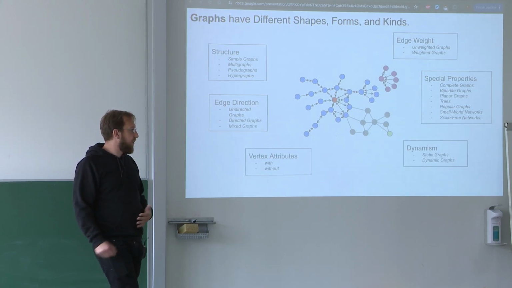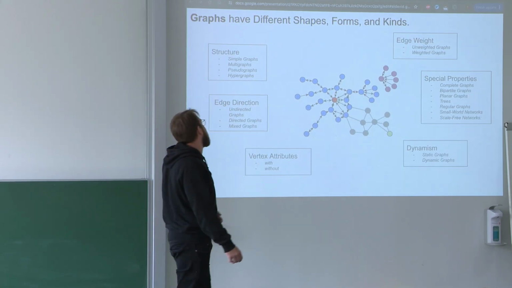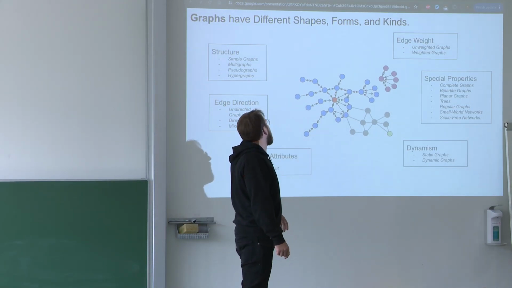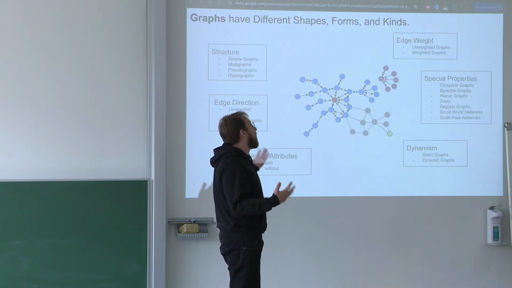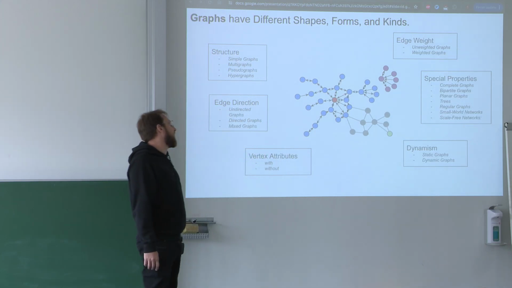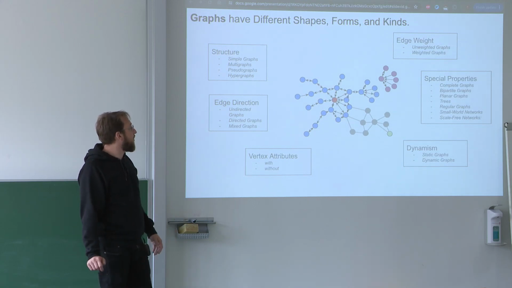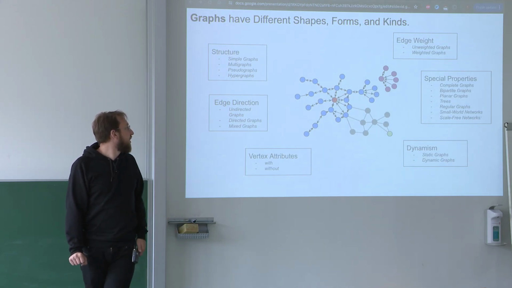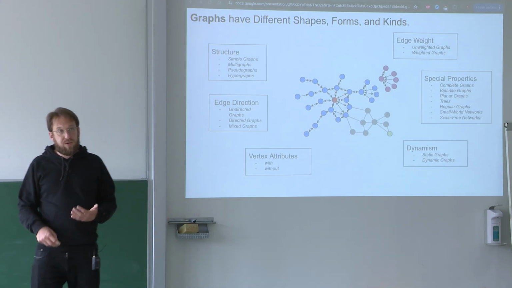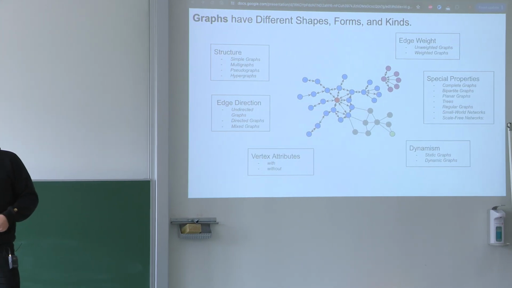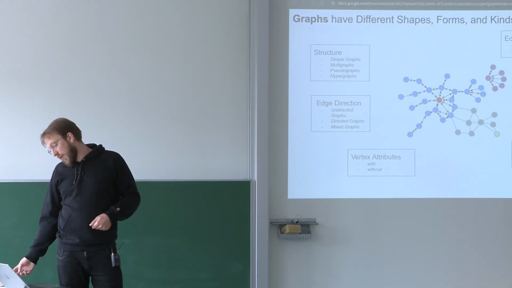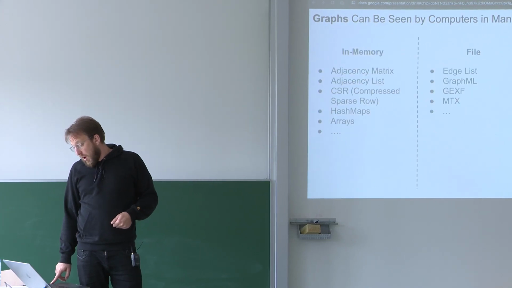They can even be hierarchical graphs in which you have a graph in each of these vertices as well. And obviously they can have special properties. They can be complete, bipartite, they can be trees, small world networks, or scale-free, depending on the degree distribution. So there's a whole variety of them. And obviously they can be big or small.